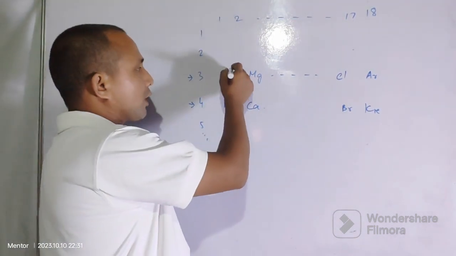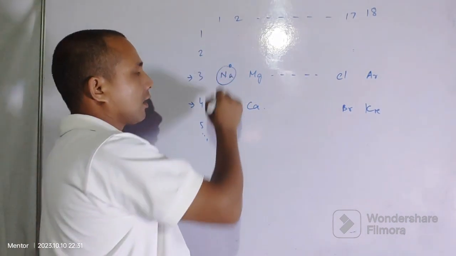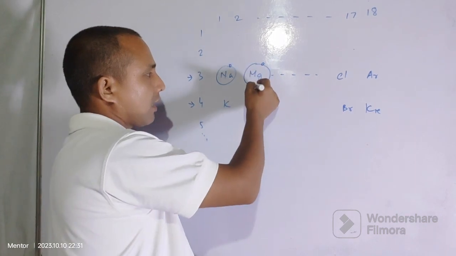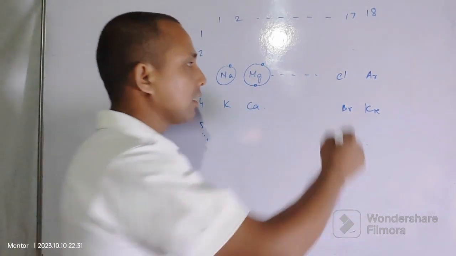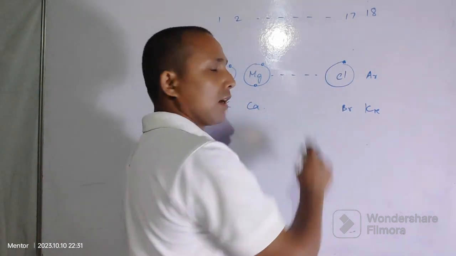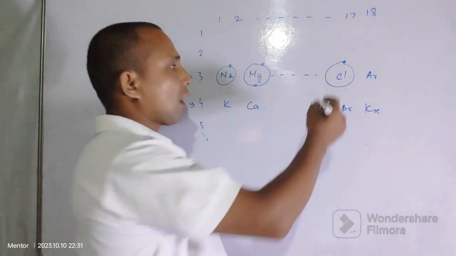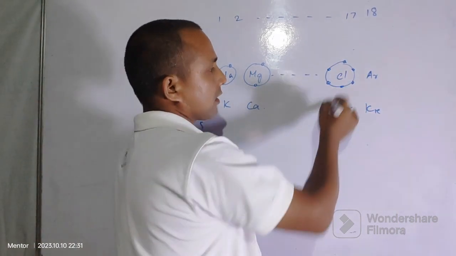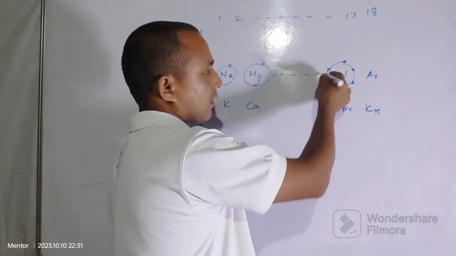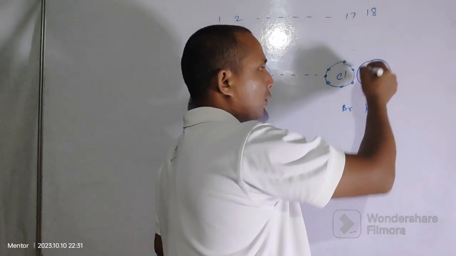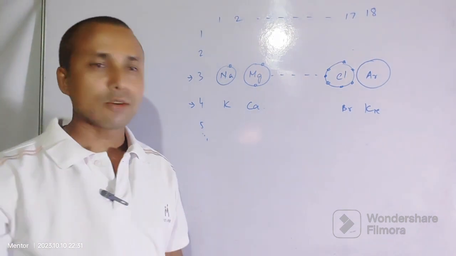Now sodium's valence is 1, magnesium's valence is 2, then chlorine's valence is 1, but in its outermost shell it contains 7 electrons, and here argon contains a full 8 electrons.